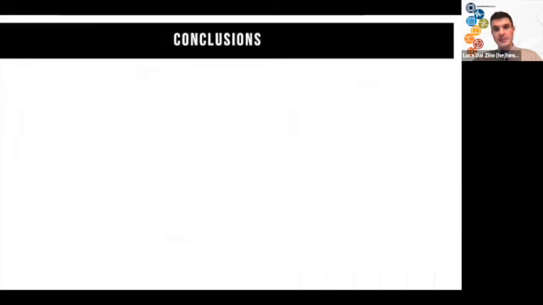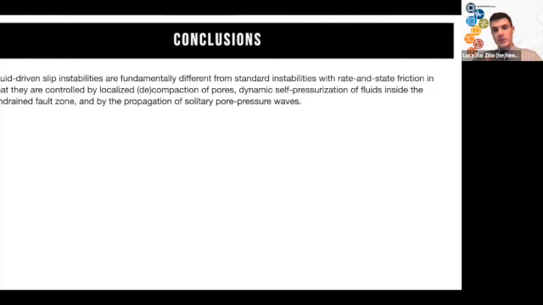So to conclude this presentation, we saw in the previous slides that fluid-driven instabilities in the case of a rate strengthening plasticity formulation are fundamentally different from the ones that are controlled by rate and state friction, in the sense that they are mostly controlled by the compaction and decompaction within the fault zone, which can cause a dynamic self-pressurization and an instability in the form of a solitary pore pressure wave.